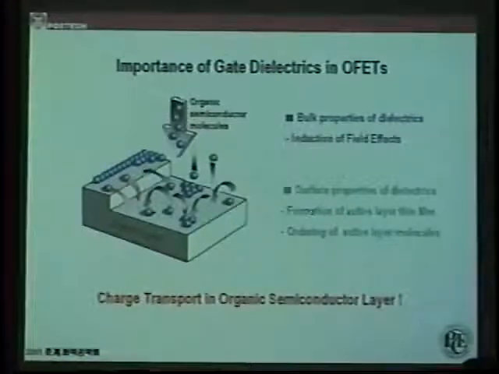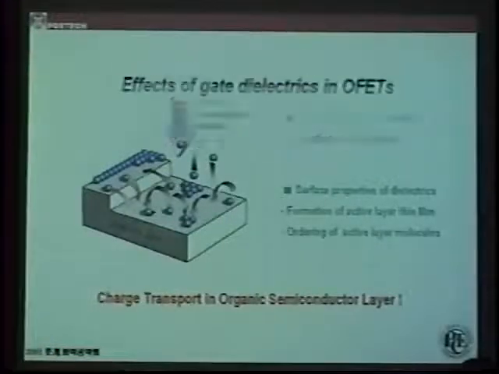And actually the growth mechanism determines the morphology and also the ordering of the pentacene. So we're talking about the surface property of the dielectric, such as surface energy and roughness. The bulk property is also important, which determines the carrier density, but today we're focusing on only surface property.